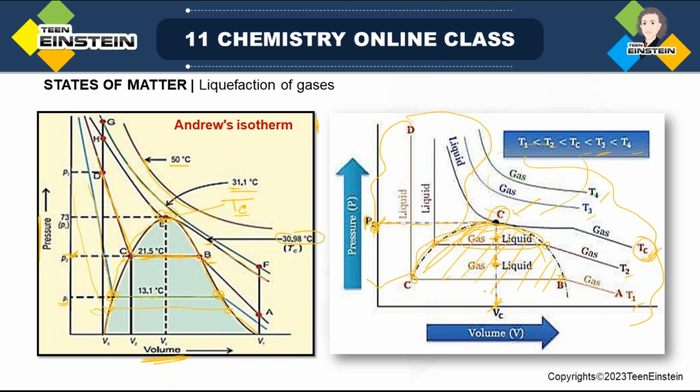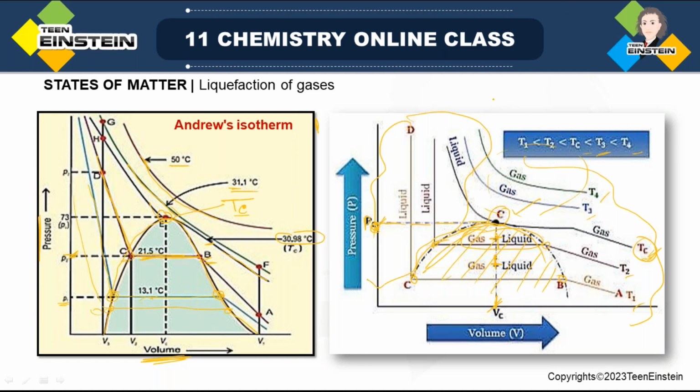So this is the corresponding volume, I mean the volume at critical temperature. So that volume is known as critical volume. So 3 new terms we are seeing here: critical temperature, critical pressure, critical volume. Critical temperature, you have to give more importance. Once you know the value of critical temperature, now you can get the values of PC and VC.